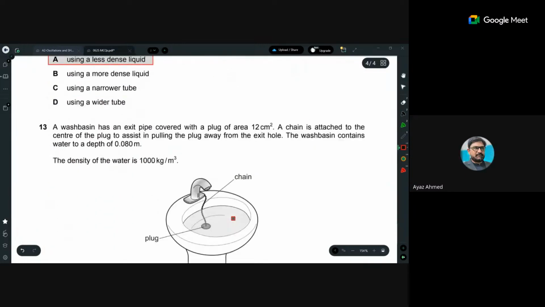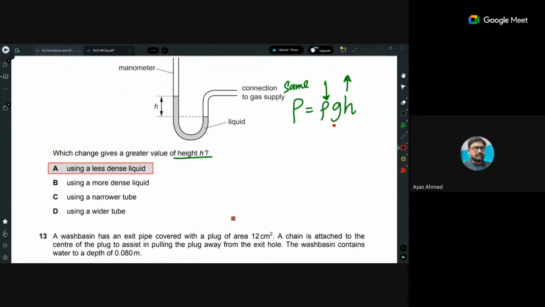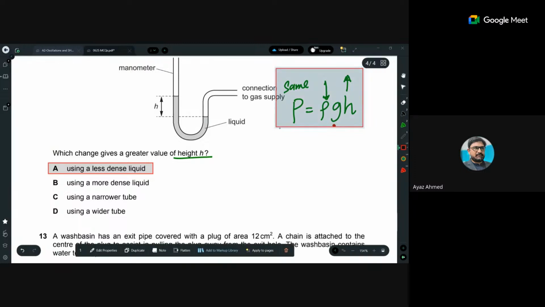Then why isn't it C? C does not work on the cylinder because in the pressure formula there is no variable like area or volume.